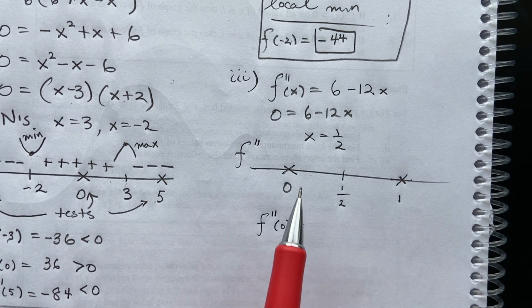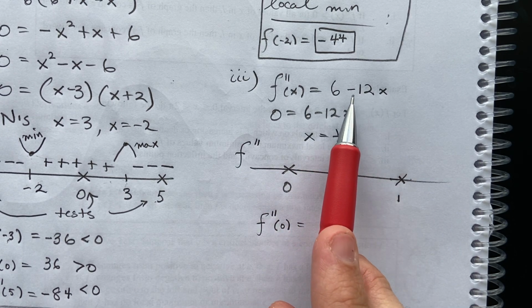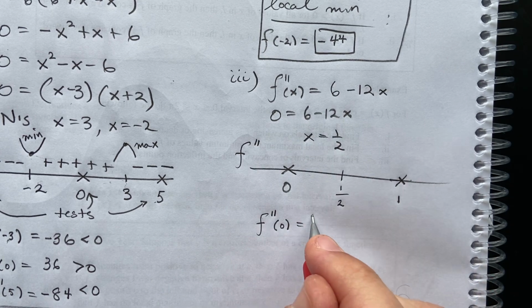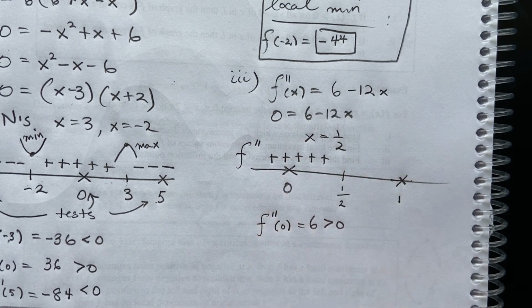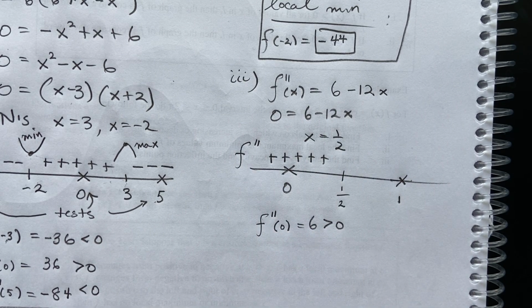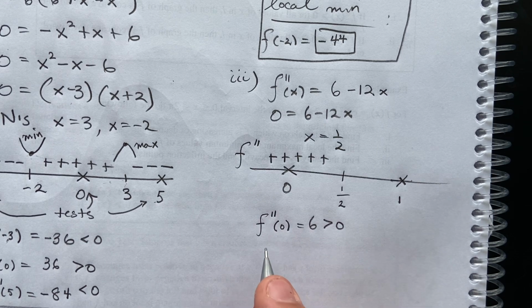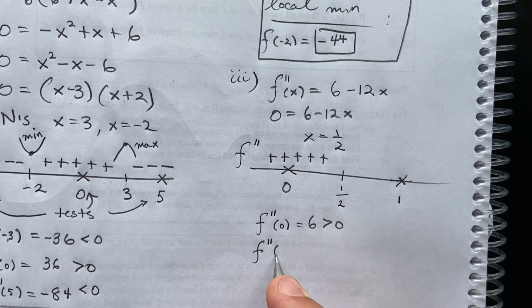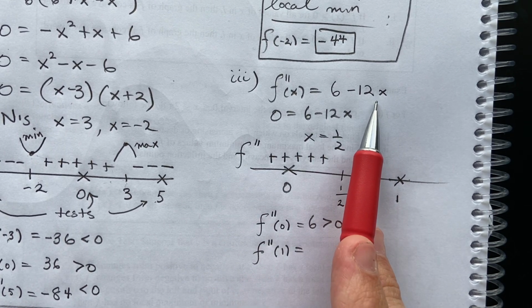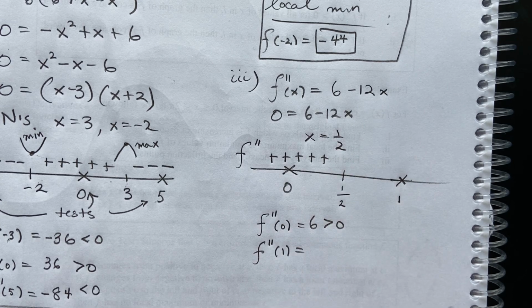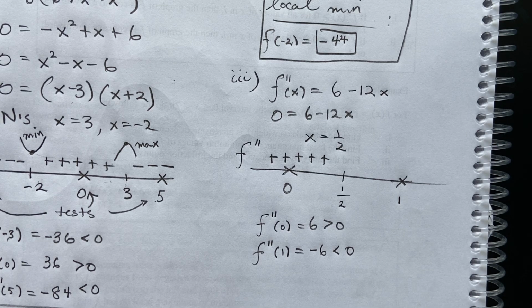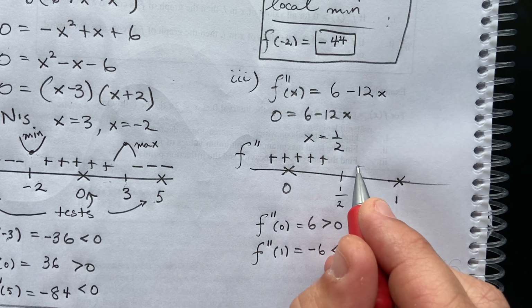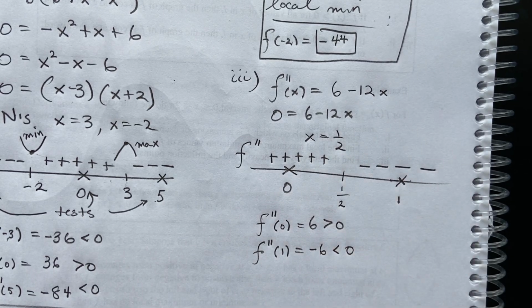So I'm taking now 0, plugging it into f double prime. It looks like I get 6, which is greater than 0, so I have a positive interval. Then checking over here at 1, f double prime of 1, it looks like plugging in a 1 for x, I'd get -6, which is less than 0. And then I will notate that here on the sign chart.